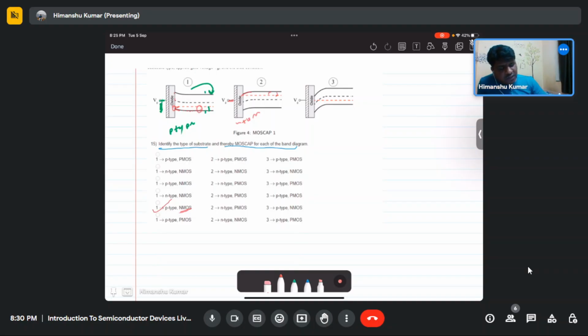Basically you need to apply a negative gate voltage to invert the channel region. If you need to apply the negative voltage, then it is PMOS.